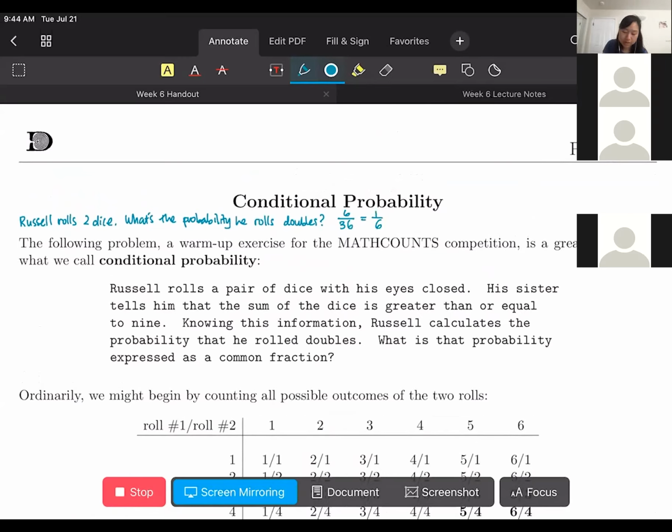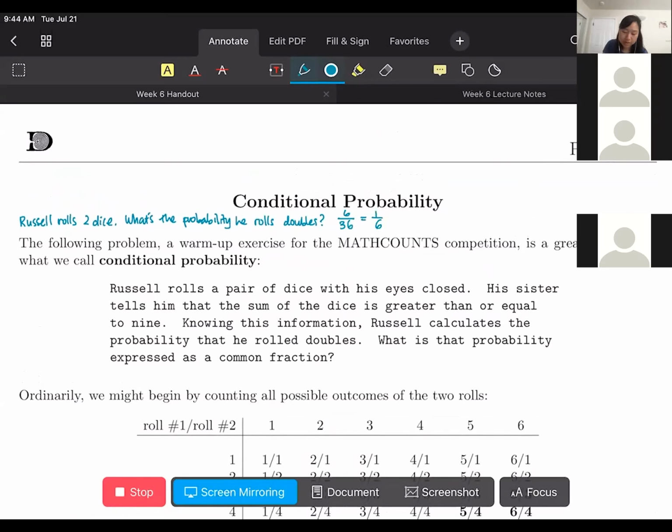All right, so now let's look at this one. So again, we could write out all the different possibilities, but now we know this information that the sum of the dice is greater than or equal to 9.